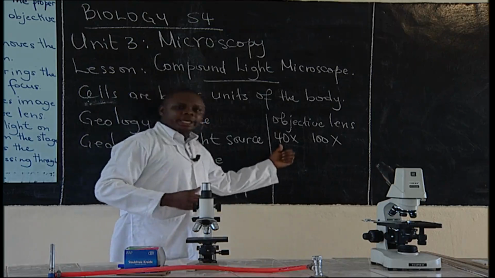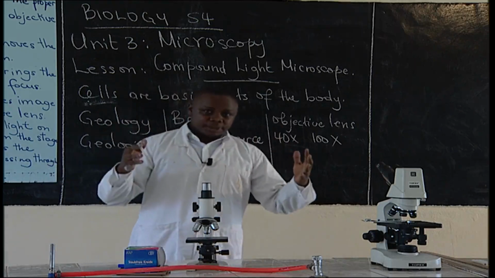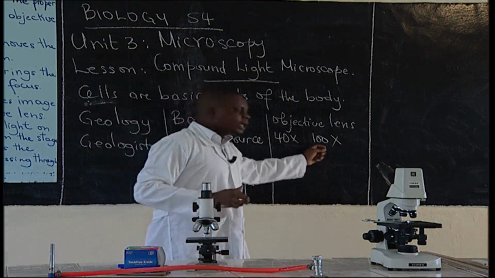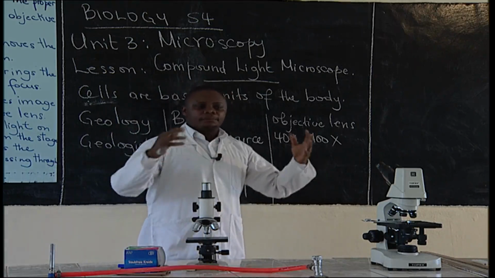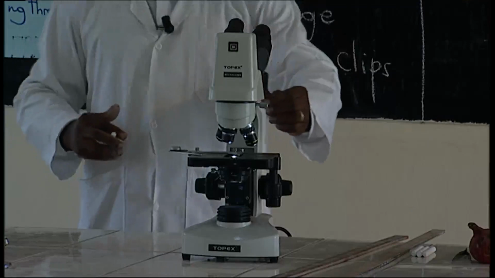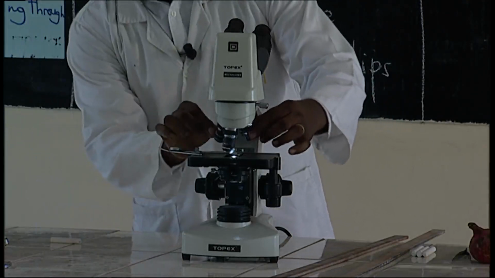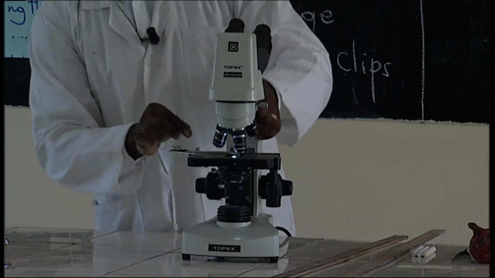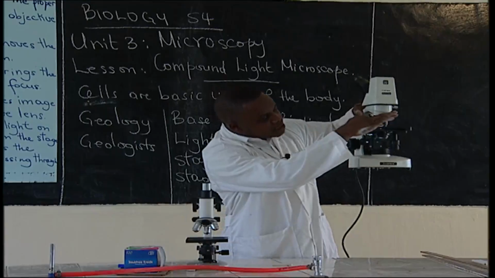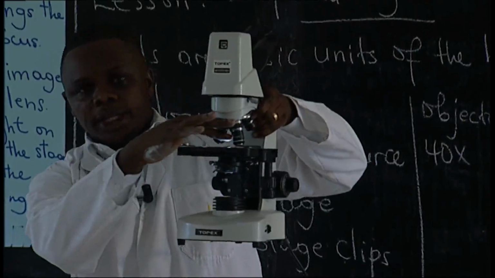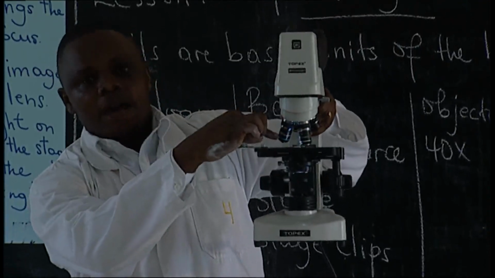This one can make it 40 times bigger, and this one can make it 100 times bigger. So these are objective lens. And those numbers are written there. If you check nicely, those numbers are there. Like you see here, we have 100, and here we have 40.